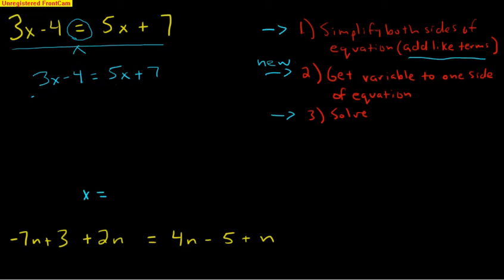Another possibility, which would work just as well, would be to say here I have a total of positive 5x, so if I subtracted 5x from both sides of the equation, that would eliminate the x's from this side of the equation, which would help me to get to just having x by itself on one side of the equation. So let's go back, and we're actually going to subtract 3x from both sides of the equation.